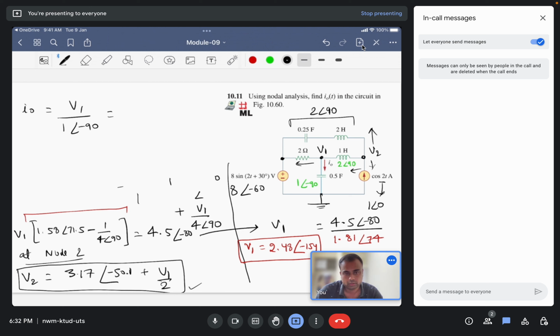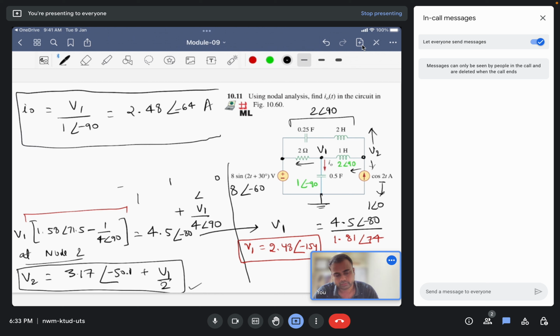So 2.48 angle minus 154 divided by 1 angle minus 90. So 2.48 angle is minus 64. So this will be the current through the capacitor.